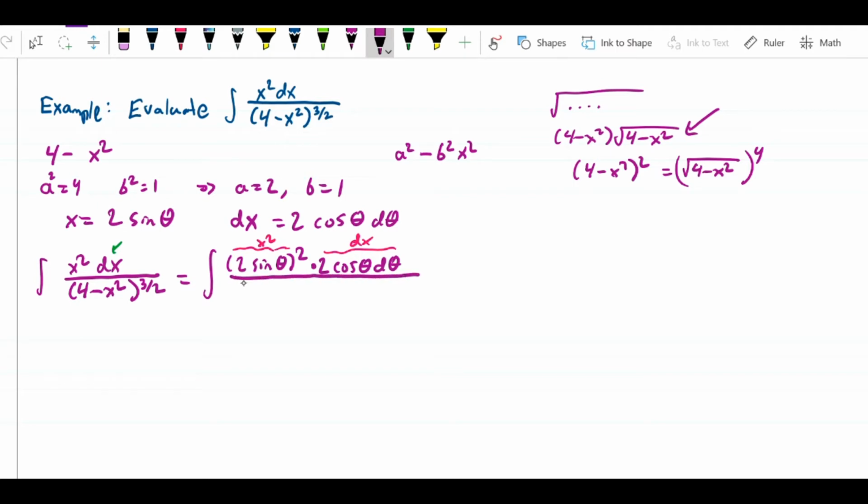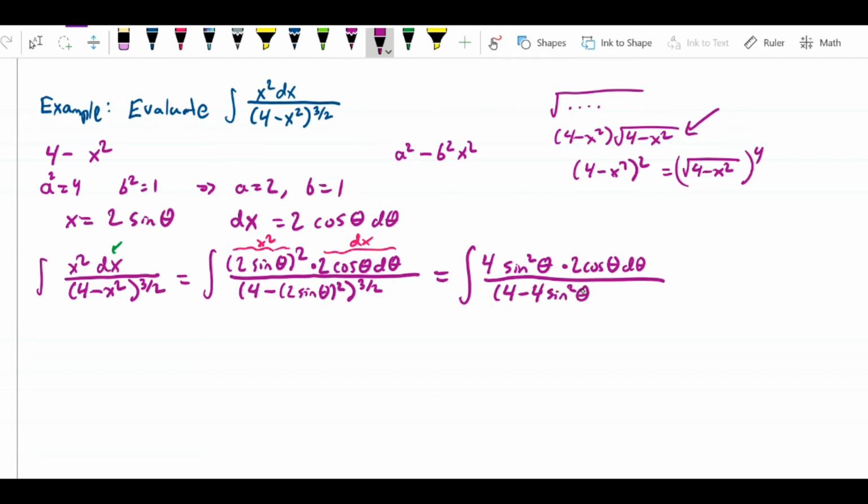Now down here, 4 minus x squared is going to be 4 minus 2 sine theta squared, and I'm going to raise that to the 3/2. Let's simplify this a little bit more. We have 2 sine theta squared giving us 4 sine squared theta, times 2 cosine theta d theta, and then down here we have 4 minus 4 sine squared theta to the 3/2.